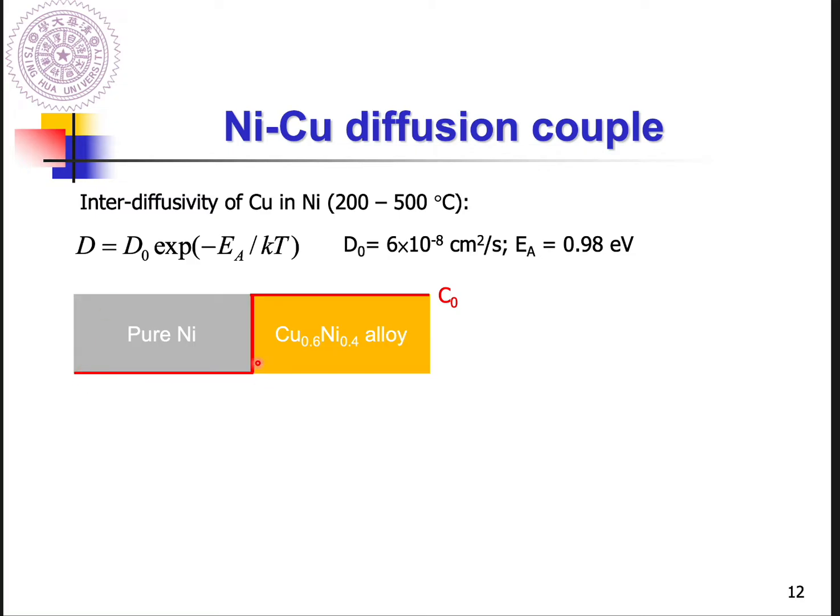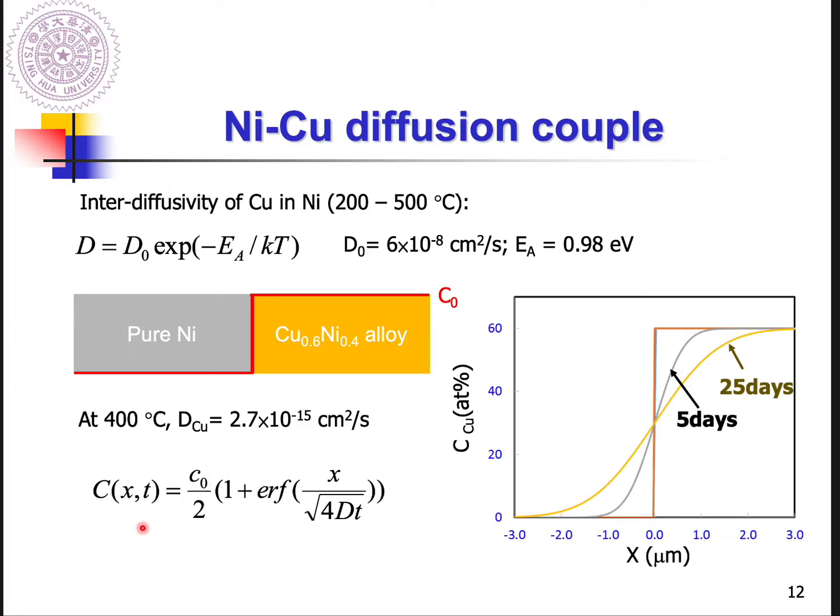And if you try to plot the diffusion profile of copper, here the couple is 0.6, right? 16%. Then you can get this red curve. And first of all, in order to use the solution you learned from the previous slide, you need to choose the temperature.